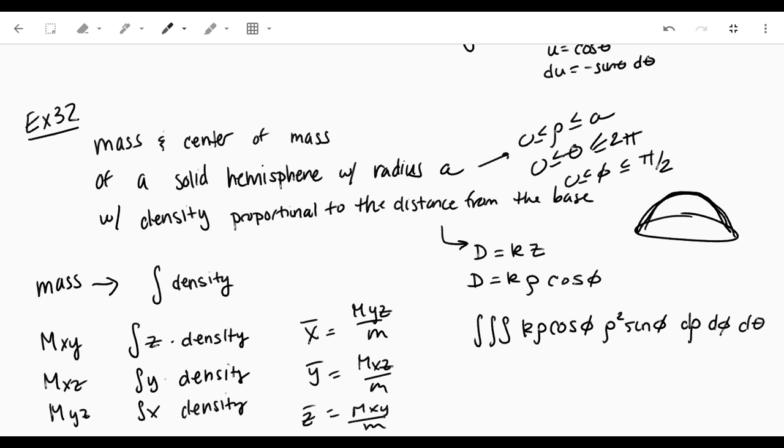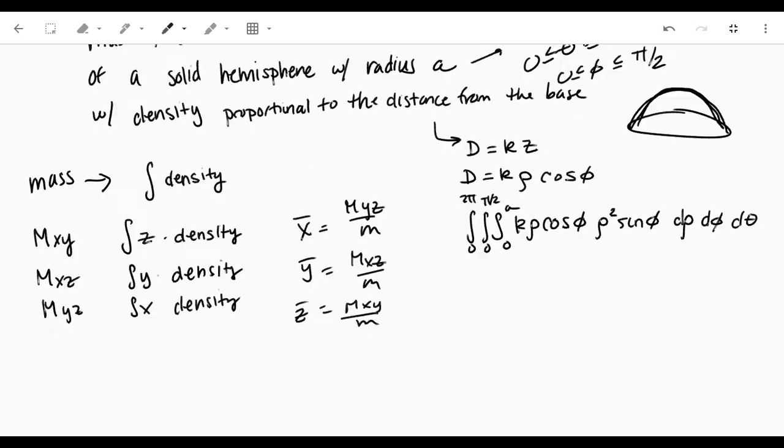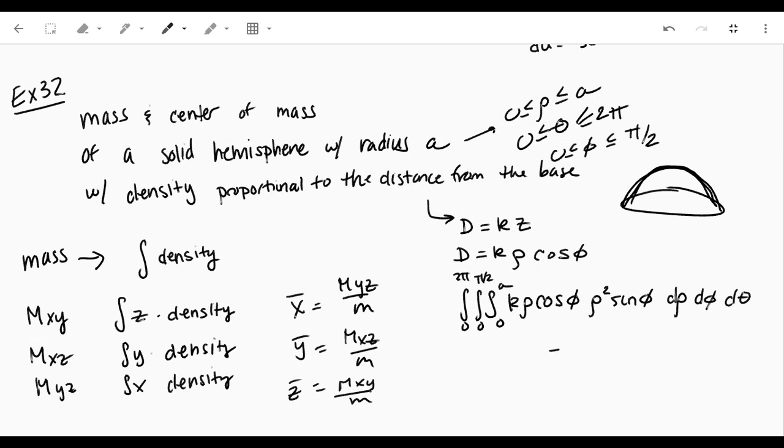Rho is between 0 and a, phi is between 0 and pi over 2, and theta is between 0 and 2 pi. So that's going to get you your mass. Go ahead and do that, and make sure that the final answer is k a to the 4th pi over 4. Then go ahead and do the rest of the work here.